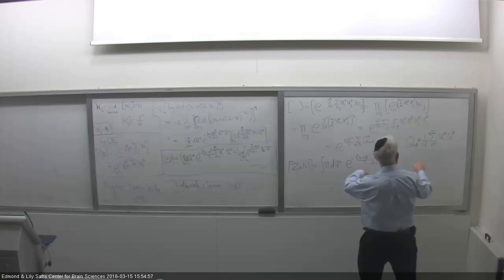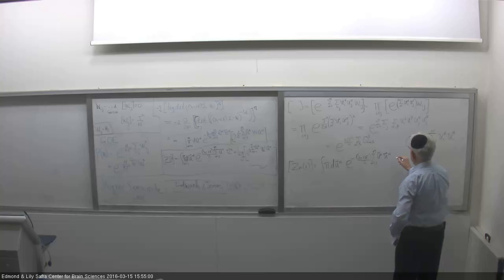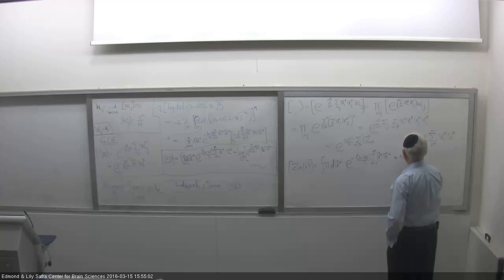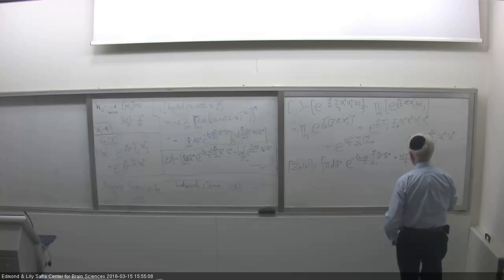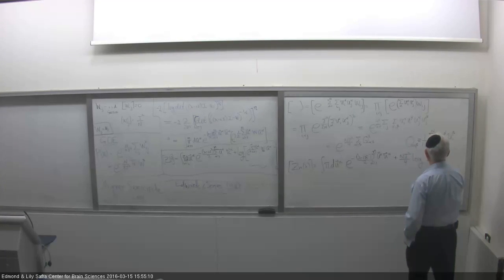And then log of this, it seems to be plus n J squared over 4 log of sum over alpha beta q alpha beta squared.